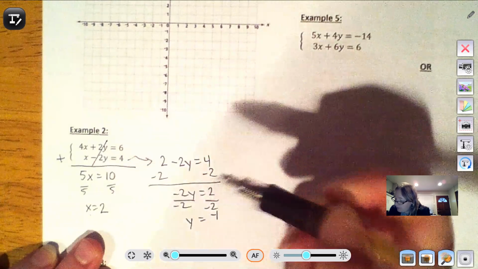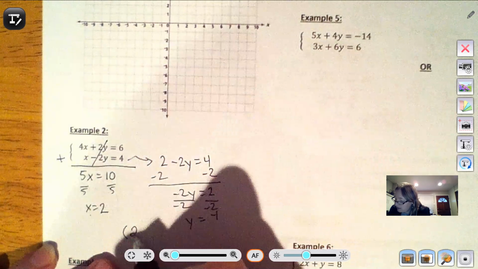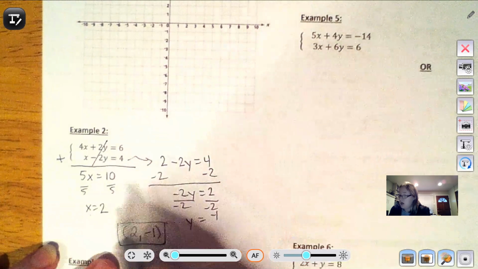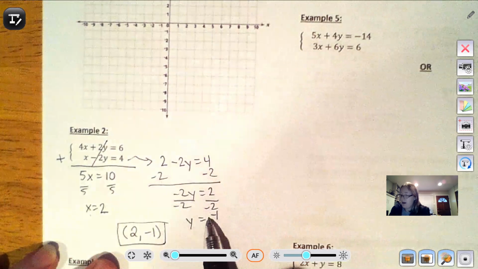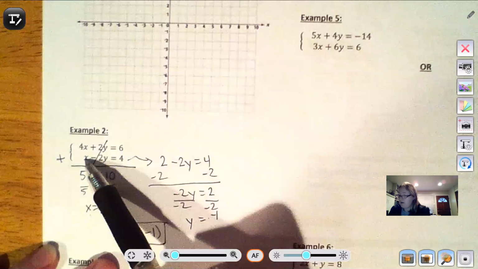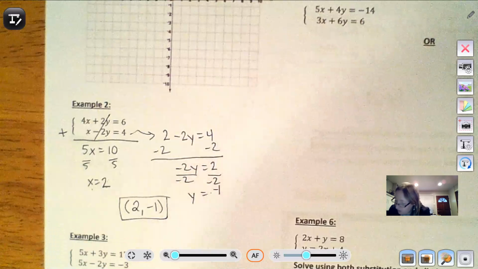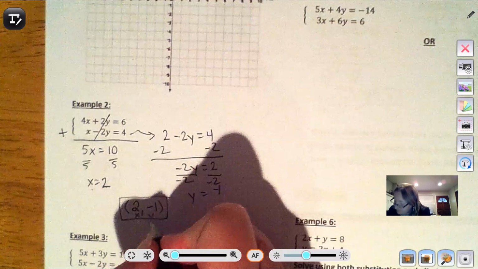And so the point of intersection is an x of 2, a y of -1. And because we're talking about an ordered pair of x's and y's, we list it like that as an ordered pair. So it's always x comma y.